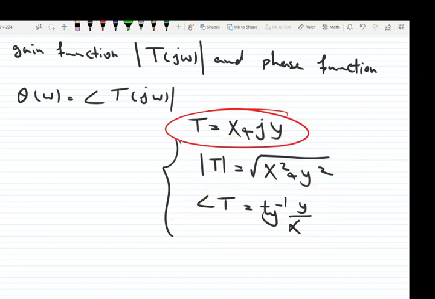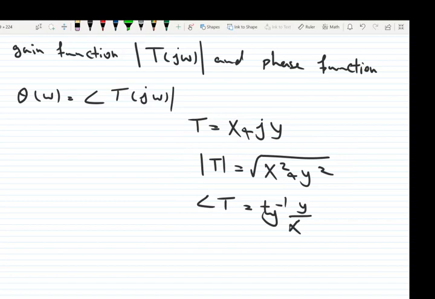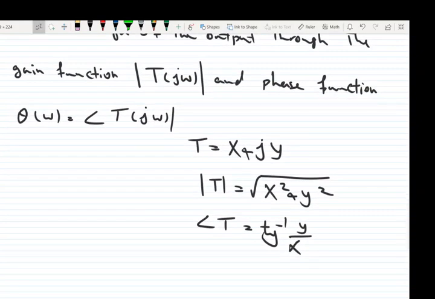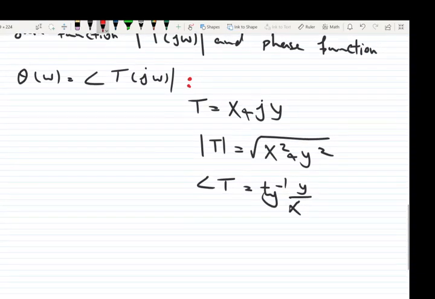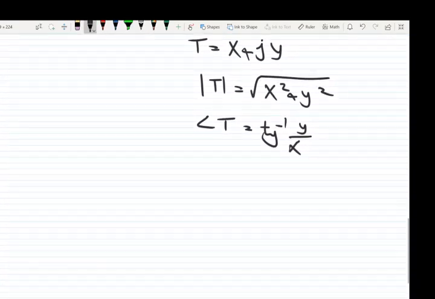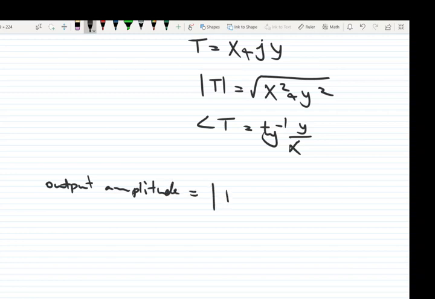So the amplitude gain and phase function theta of T can be determined by these two equations. Which equations? The output amplitude is the amplitude of the gain multiplied by the input amplitude.